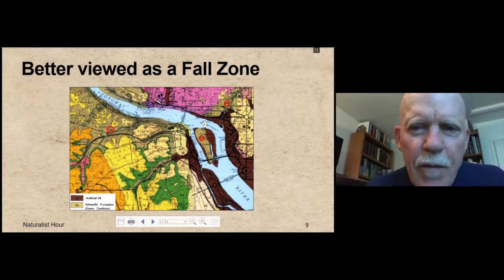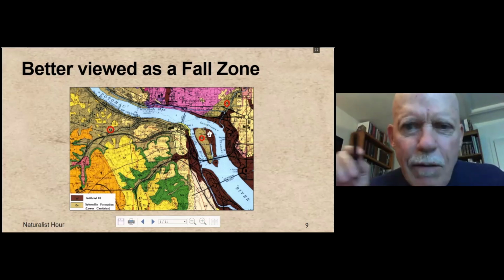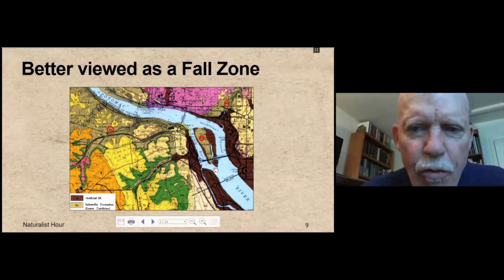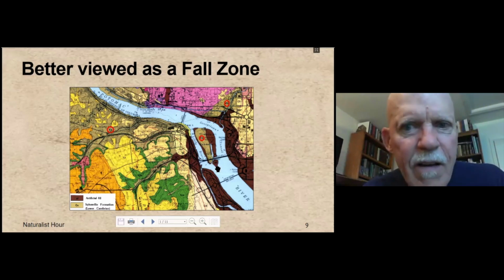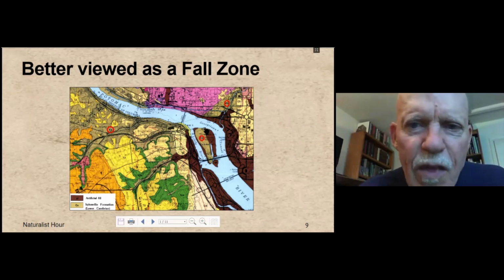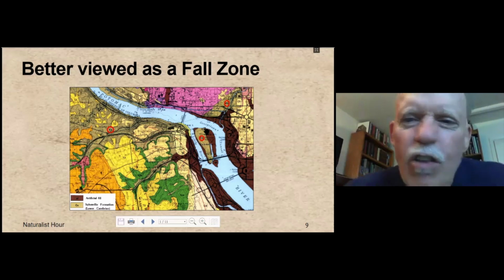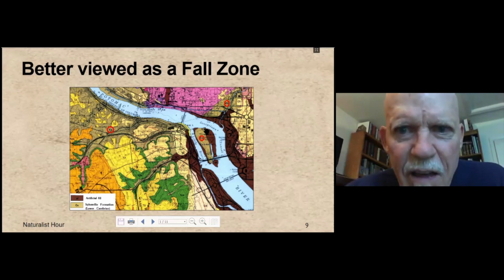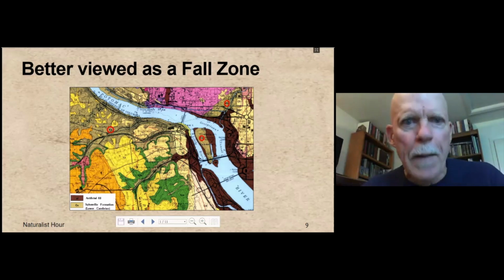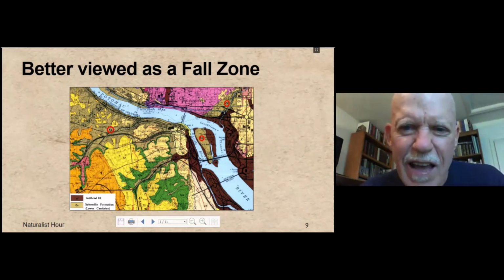Okay, now part of the problem here is that to say that that little dotted line is the exact place where the fall line is a little bit strange, because the Piedmont rock actually goes down underneath Theodore Roosevelt Bridge there to the other end of Theodore Roosevelt Island, okay? But a second thing that's even more egregious from my point of view as a geologist is that the brown material here is fill alluvium that the Potomac River has laid down.